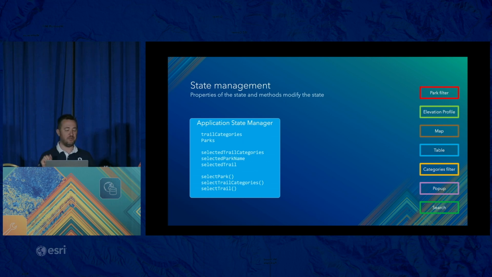But this is an application state manager that will provide information about the trail categories that exist, which is fetched from the data, the list of parks coming from my feature layer. We also provide information about what is selected by the users: the categories that were selected, the park that was selected, the trail that was selected, and then functions to modify that state. So select park, select trail categories, and select trail.